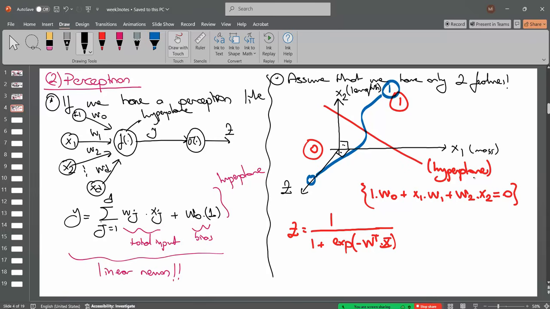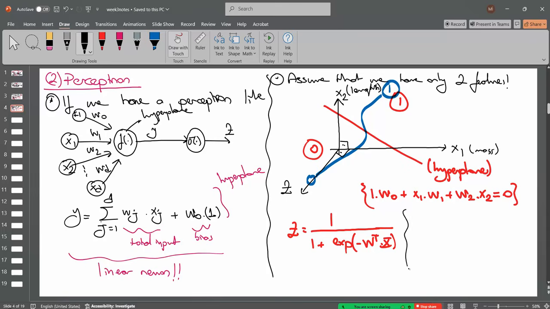And so how can we assign or evaluate these spaces? We can apply the sigmoid function. It gives 0 in one space, and in the other one, the upper side of the hyperplane, it gives 1. Okay?